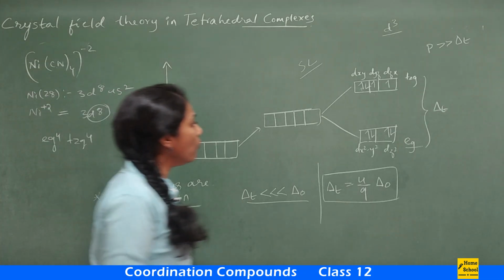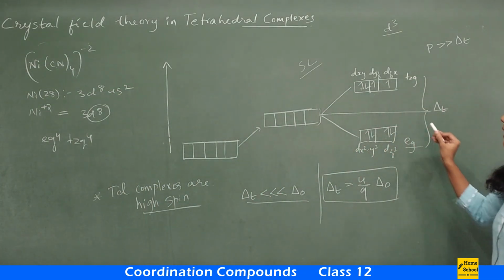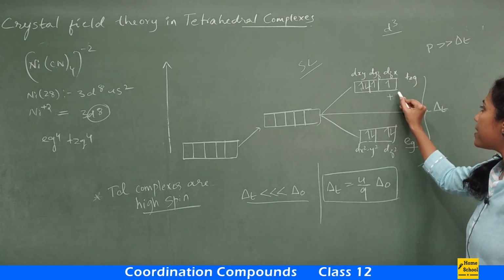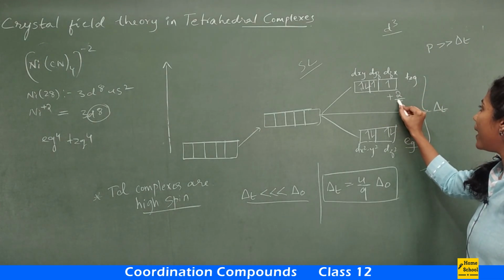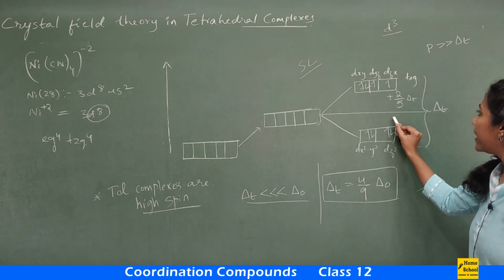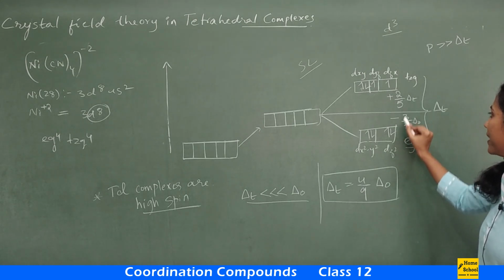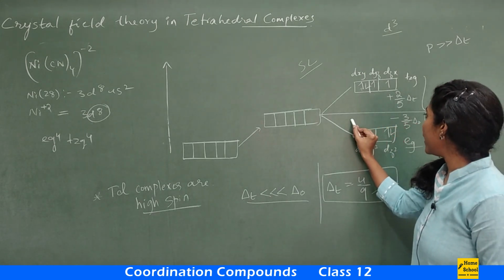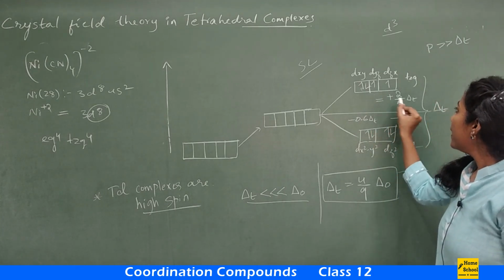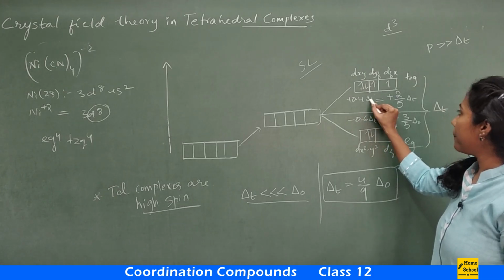Fine. And now one more thing: say this is the barycenter, right? The energy of the T2G set will increase to the extent of 2/5 of delta T, and the energy of the EG set will decrease by 3/5 of delta T. That is, minus 0.6 delta T here, and plus 0.4 delta T here.